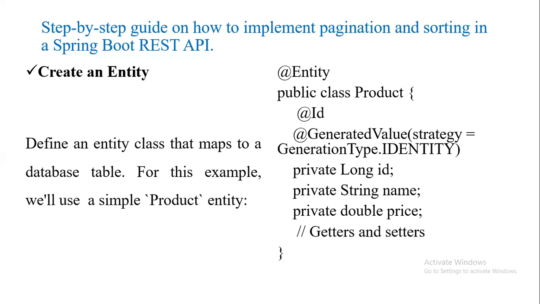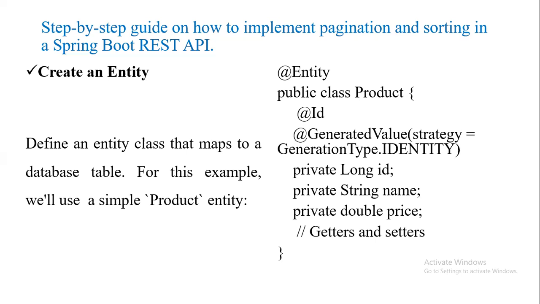Whenever we assign an auto-generated value, the values are generated like 1, 2, 3, unique values, which are of integer type. The attribute is also annotated with @Id, which means that this id will be the primary key for this entity.